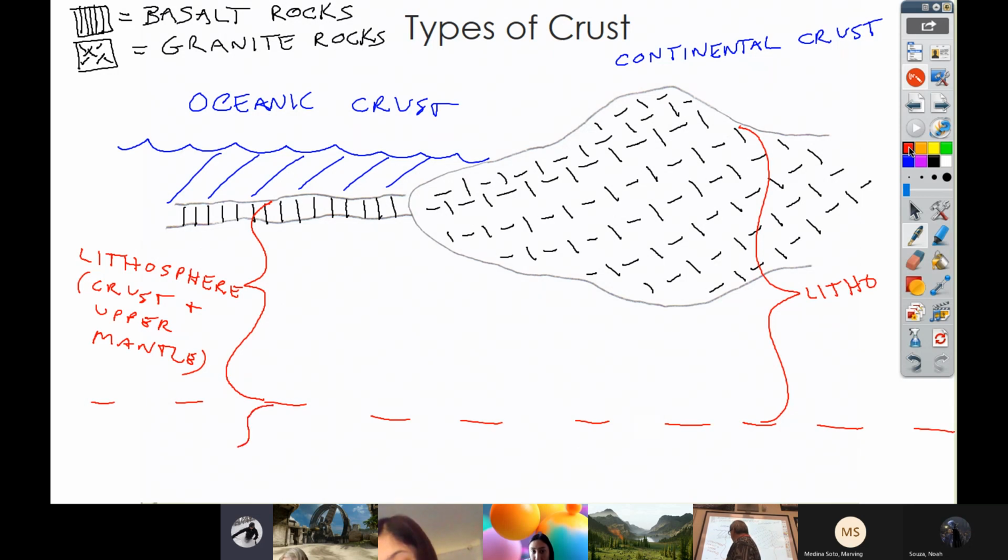So I'm going to show this with a bracket, but I'm going to make the bottom of it be an arrow showing that it continues deeper.